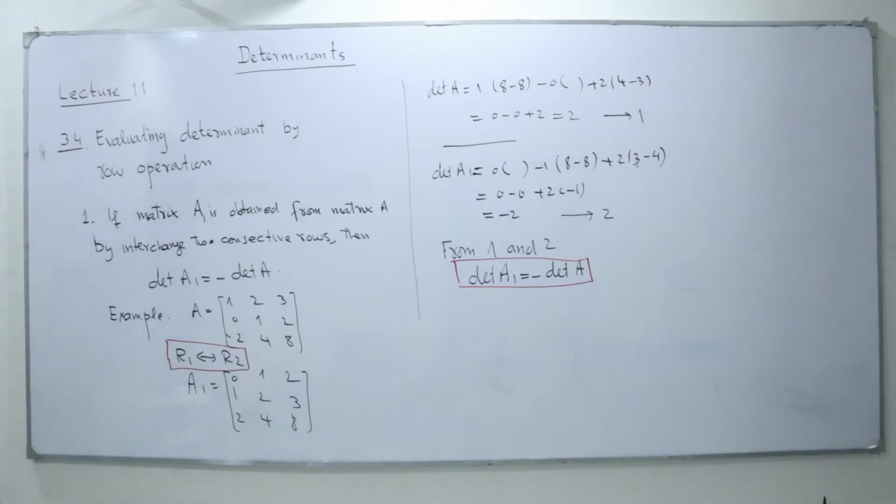The second operation which we can define is the matrix number 2.